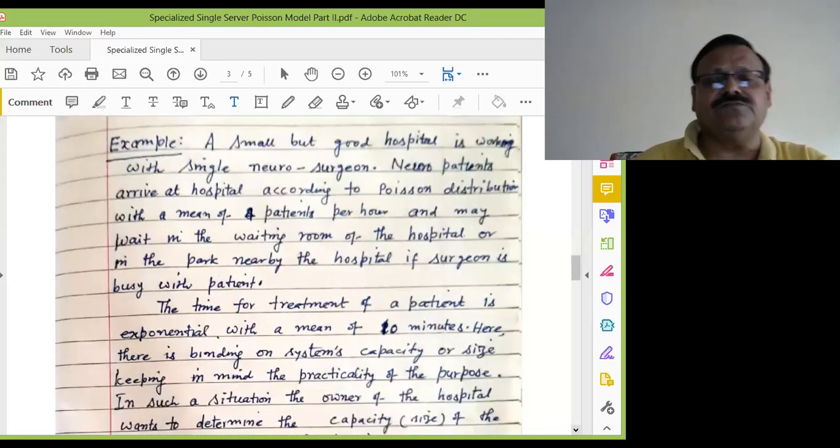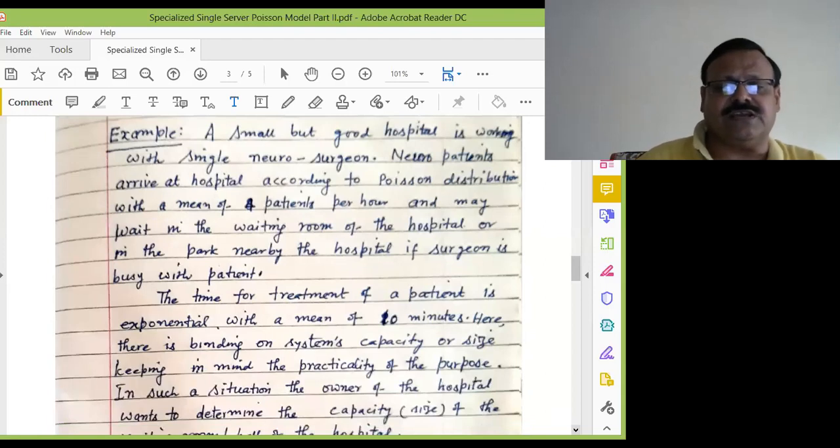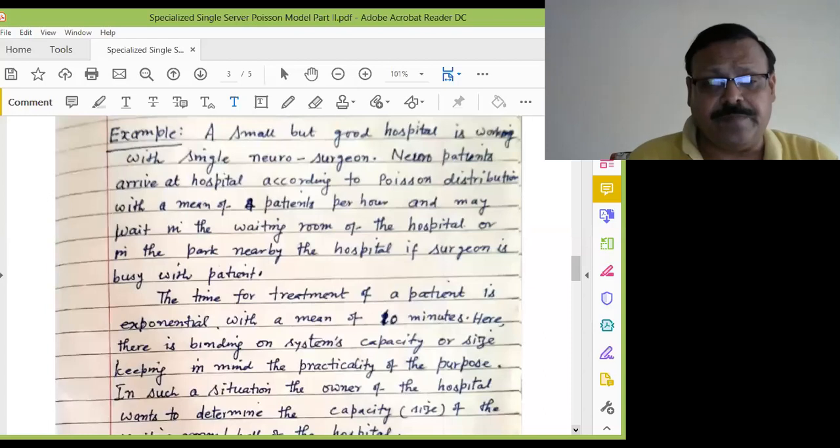Look at the example to make the concept quite clear. This example is very important. This is simply a model. We need not bother about the numbers. Numbers may be very small and the computational process may be very simple, but this problem may be understood for generalizing to bigger problems.